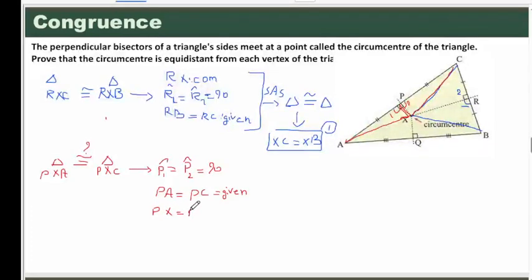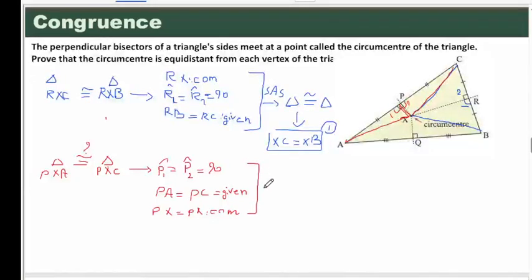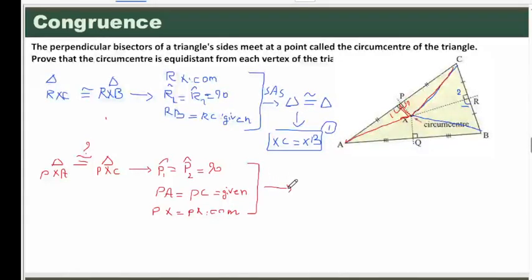It's a common side, so I say the reason is common. So I could prove these two triangles congruent with SAS, two sides and the angle between them.